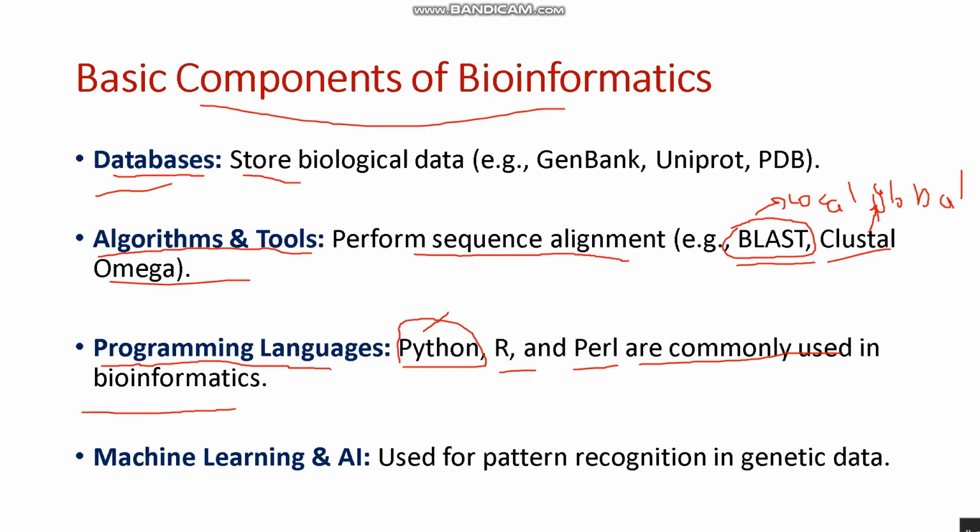And at the end, the most important is machine learning and AI used for pattern recognition in genetic data. We all have data, we can retrieve the data, but we have to find the patterns in the biological data. We have to compare the data by using machine learning and AI.